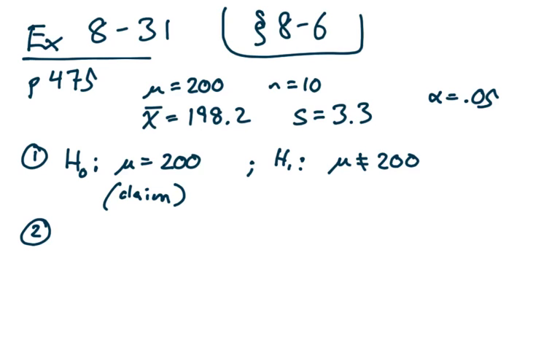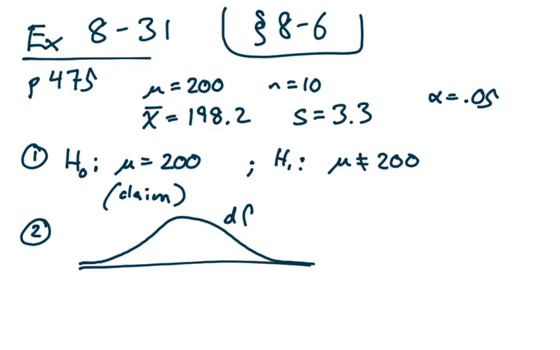Step two is we'll sketch the critical region and find the critical values. Now, this is the t distribution, because notice we were referring to the sample that had a standard deviation of 3.3. So we have the sample standard deviation s, and that means we have to use the t distribution.